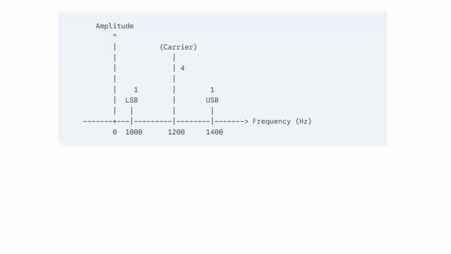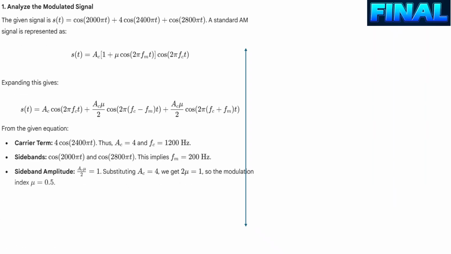So let's see. Here the frequencies of your modulated wave are 1200 for the carrier, and for the LSB and USB, that is lower sideband and upper sideband, 1000 and 1400. Once we know the components, which one is the carrier and which are the LSB and USB, it's easy to find the power for the carrier and for the sidebands. Let's find out.